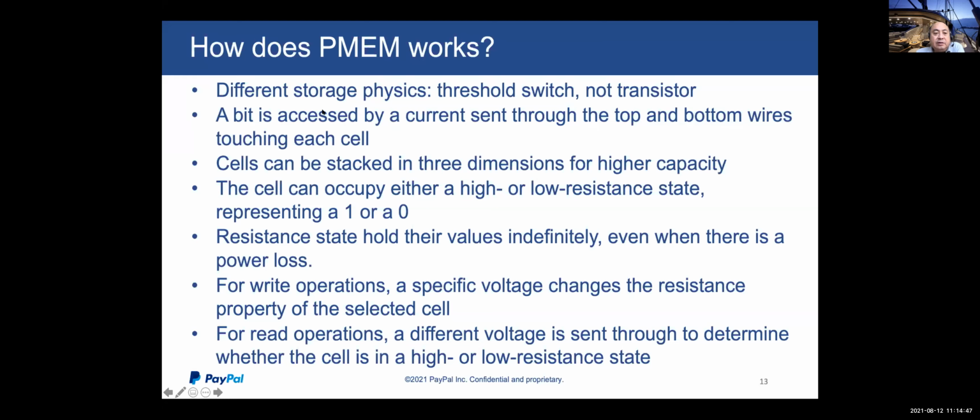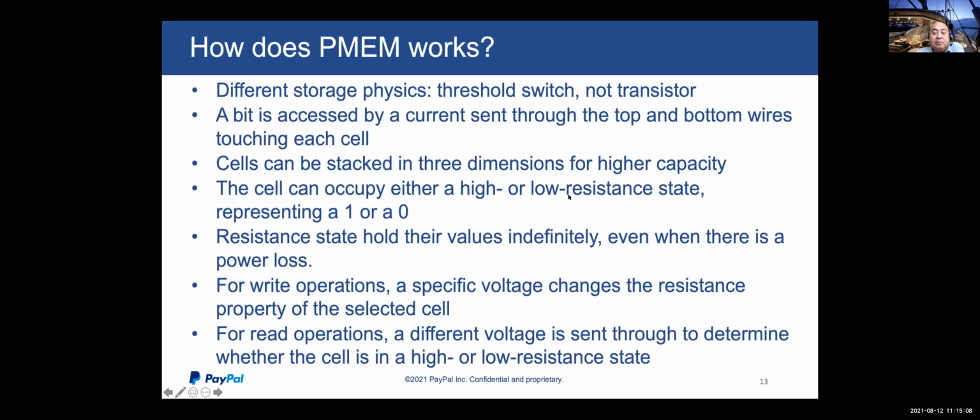So in summary, the persistent memory has a different storage physics. Basically, it is not a transistor, it is a threshold switch. And a bit is accessed by a current sent through the top and bottom wire, touching each cell. And cells can be stacked in 3 dimensions for higher capacities.